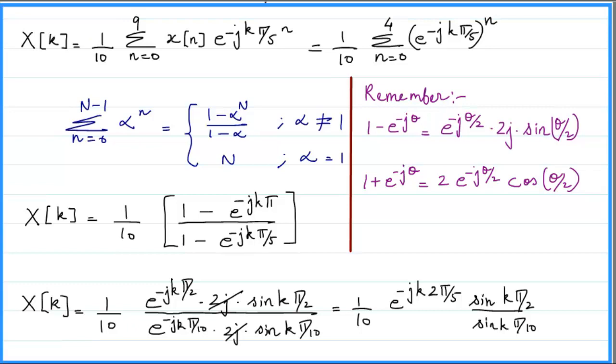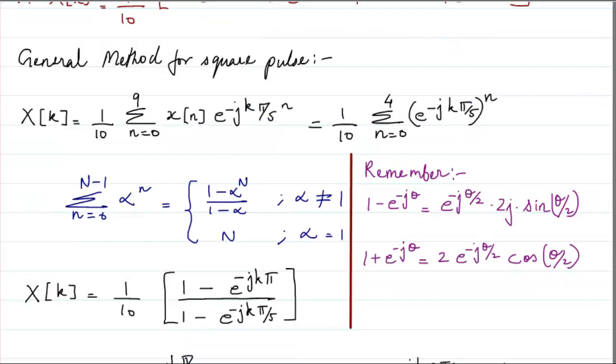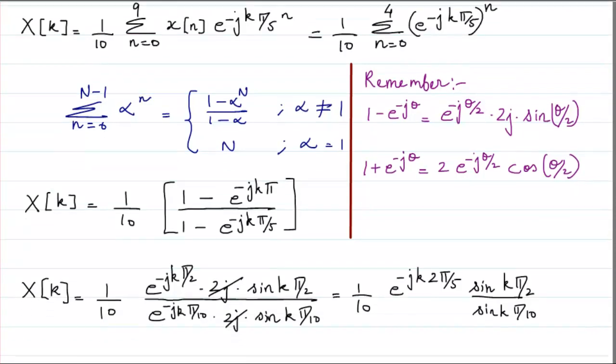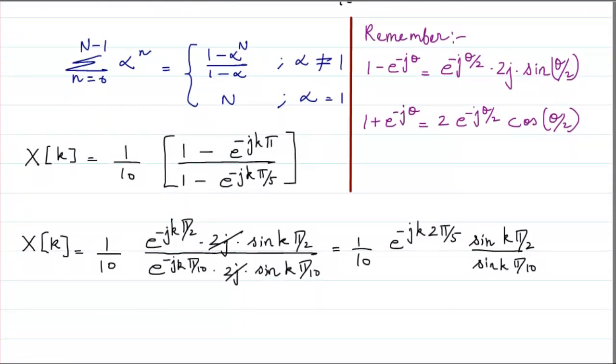It started from here, isn't it? It started from the general method. I told about this equation. From here I put a substitution and straight away got the answer. Now here for different values of k I can find out different values of x of k. Okay, let me rewrite the equation.